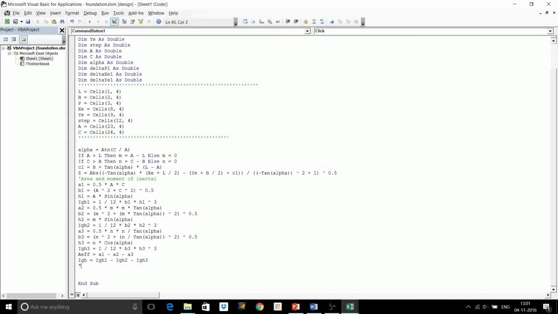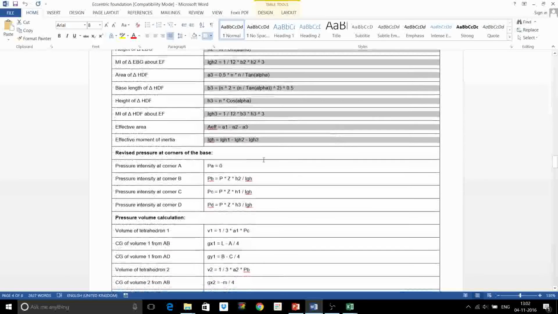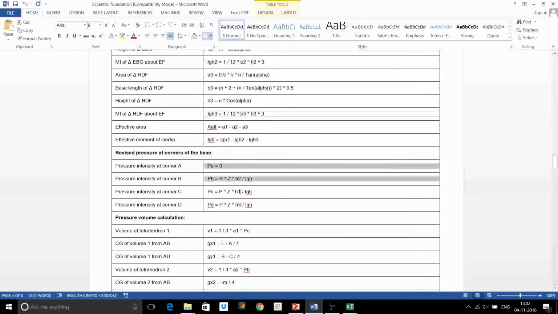Then volume of pressure envelope and CG. No, first base pressure, revised base pressure at corner.